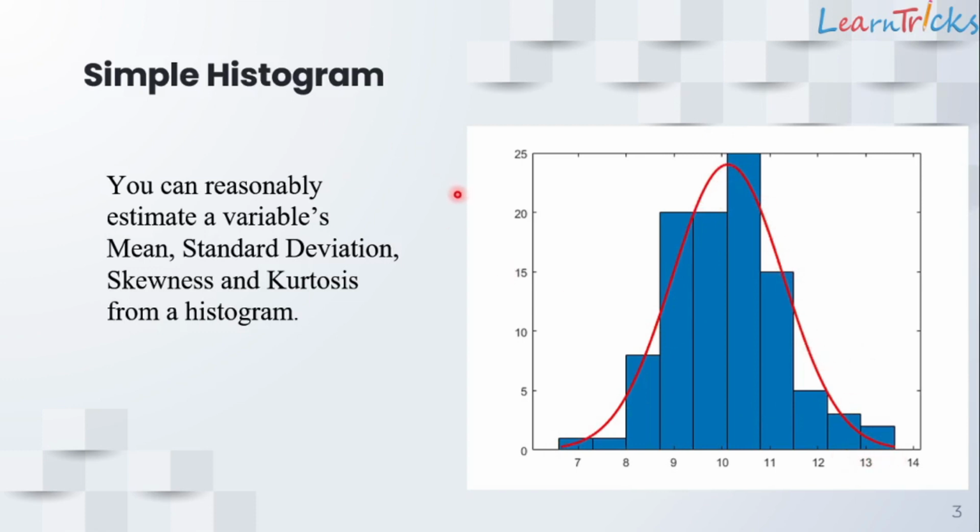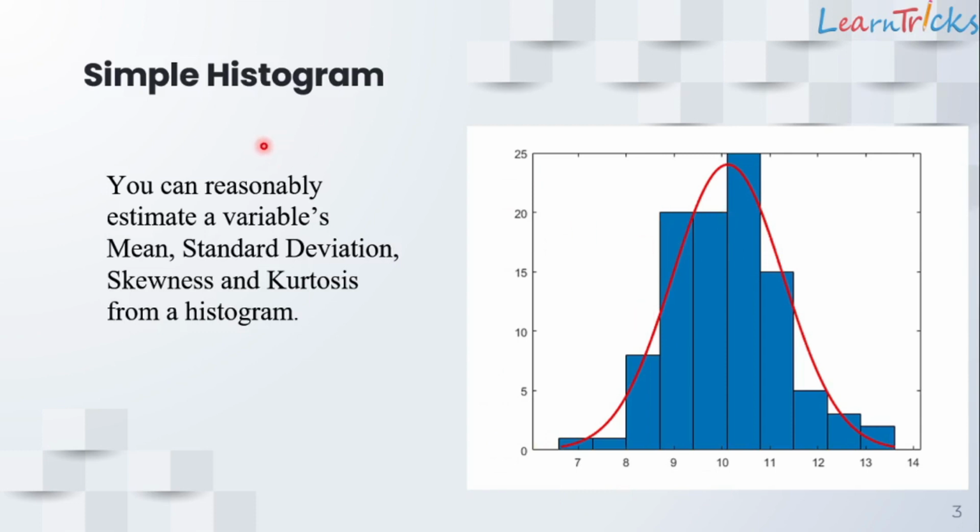So basically the histogram shows the distribution of data with respect to the x and y axis, where the x axis gives the values, sometimes the standard deviation, and the y axis gives the packing or compactness of that data.